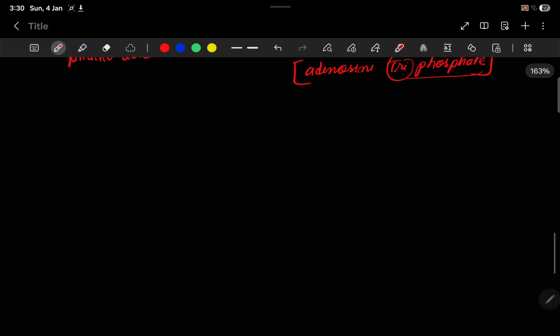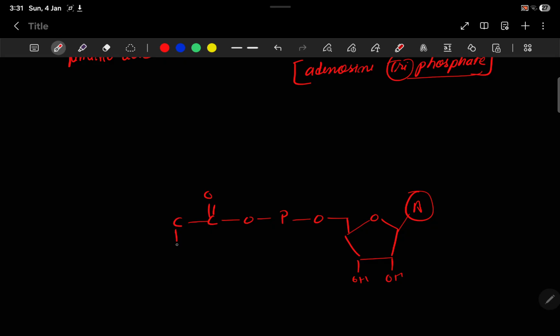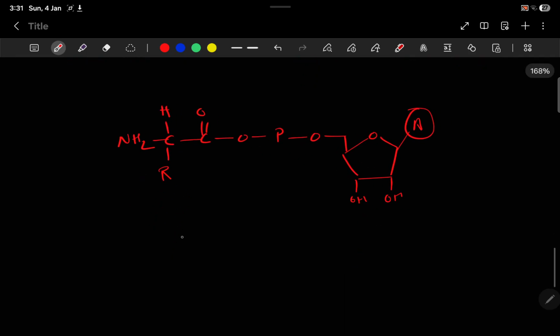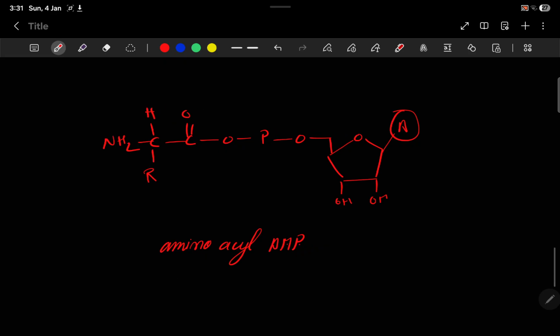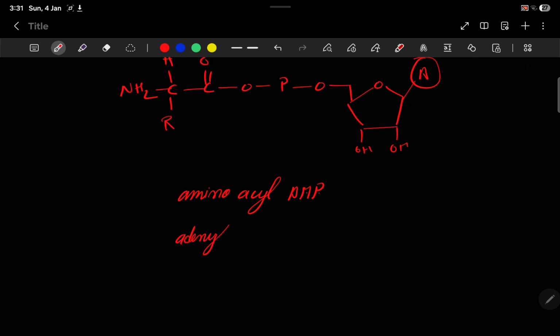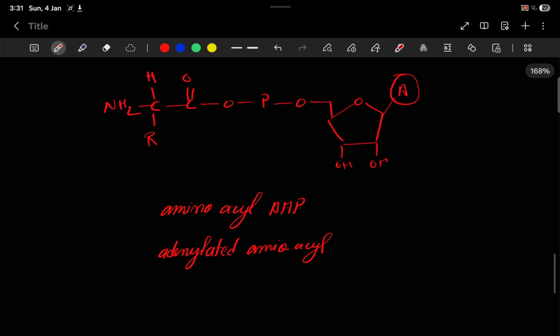And the ultimate result that we get is carbon, oxygen, and this is called aminoacyl AMP, adenosine monophosphate, or it can also be called adenylated aminoacyl. Adenylated. Now this is called the charging or activation of the amino acid.